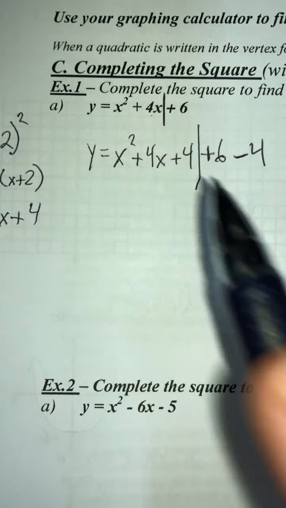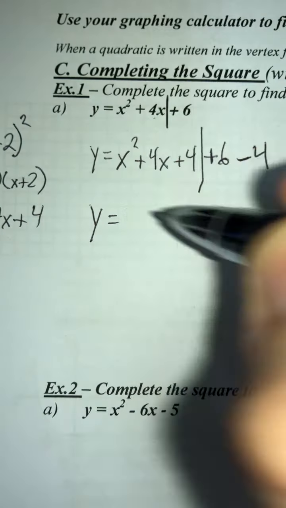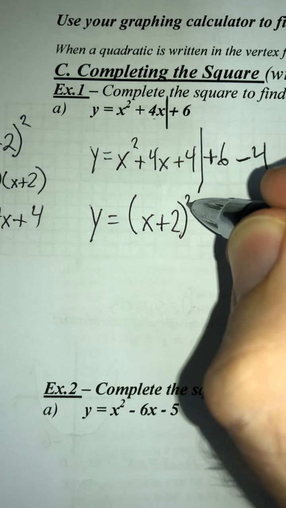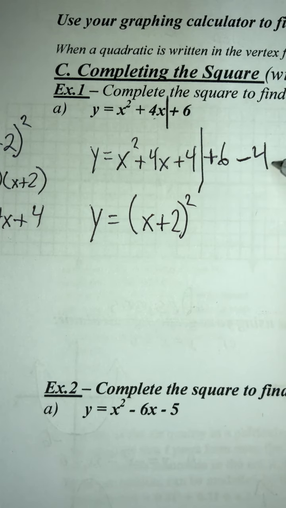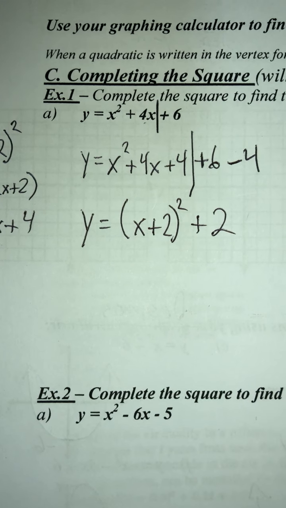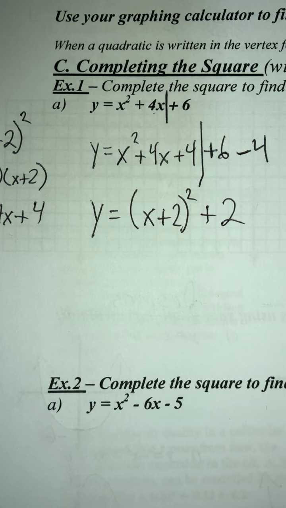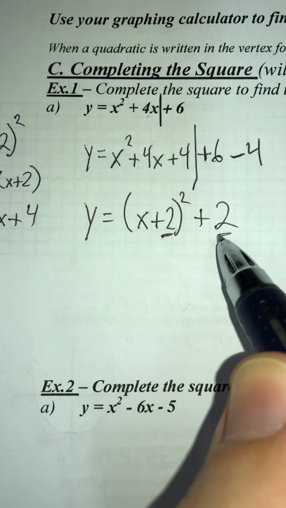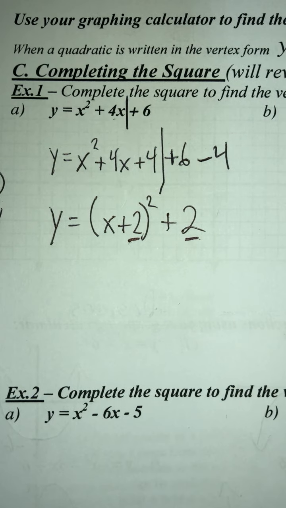So this now over here is a perfect square. y equals x plus 2 squared. And then on this side, plus 6 minus 4 gives me plus 2. So this is now in completed square form. With that, these two values here now tell me what my vertex is.